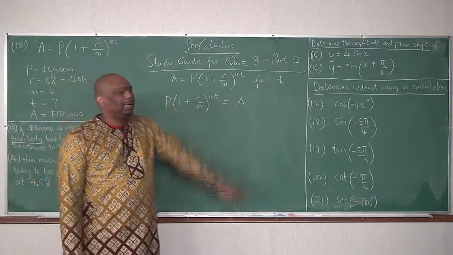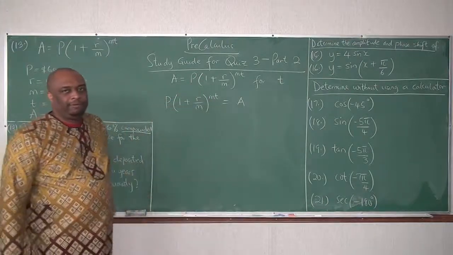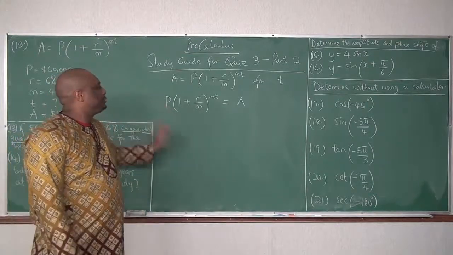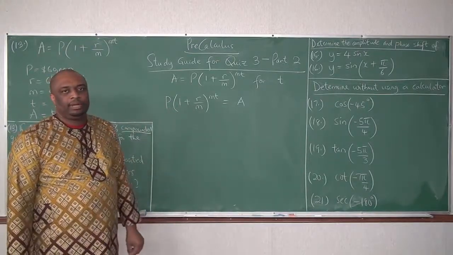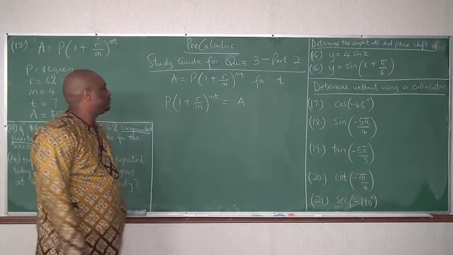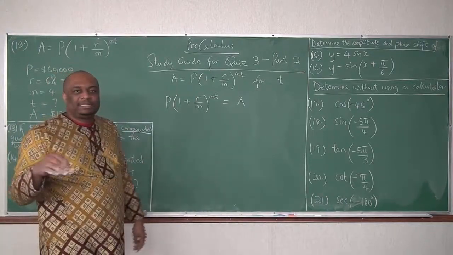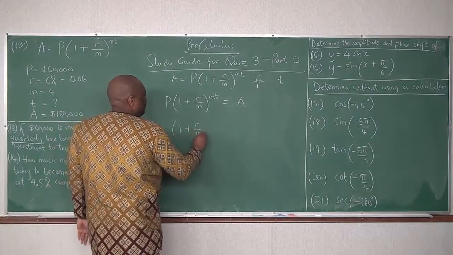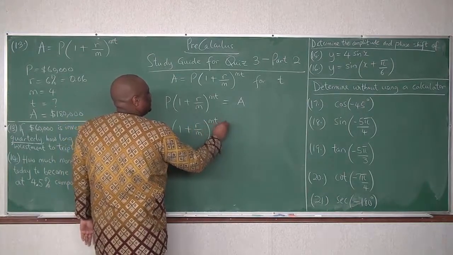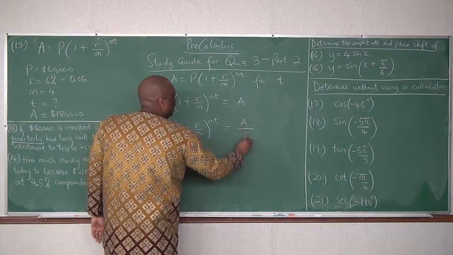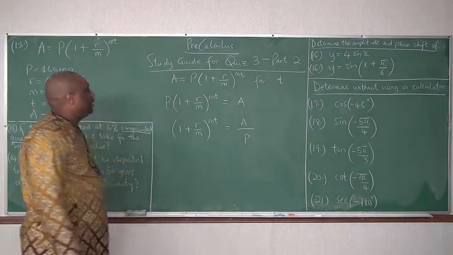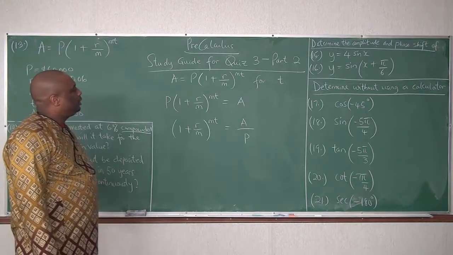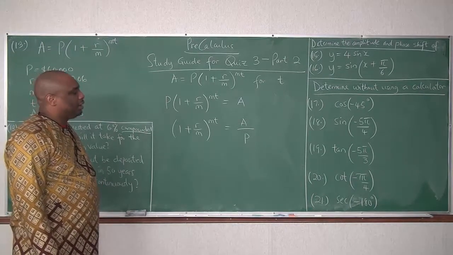Whatever we are looking for, we want to bring to the left-hand side. Now divide both sides by P. You have 1 plus r over m, exponent mt, equal to A divided by P. Okay, what can we do now? We can introduce logarithm.